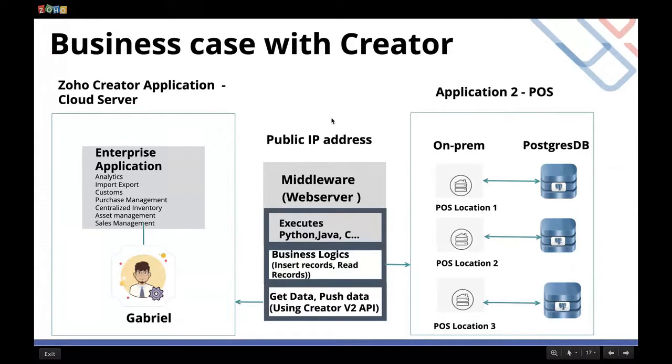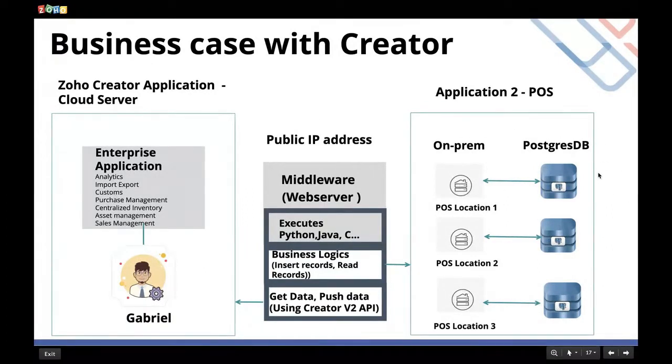Call that application server with the proper definition of what it has to do and where it has to store the data, from within the Creator cloud app, and just execute it as a workflow. This is communication from Creator to the database.